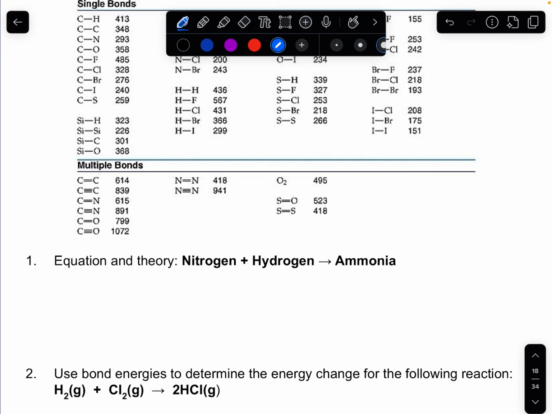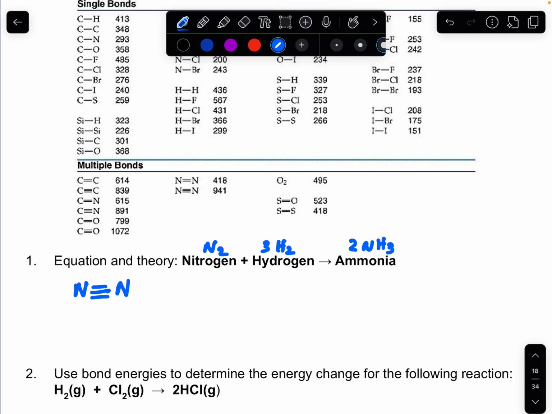I'm going to write, you know the symbols, N2, H2, and NH3, right? And you have to balance the equation. We know this will be 2, this will be 3. Now I'm going to draw the structures, and maybe you have to refresh your Lewis dot structure.